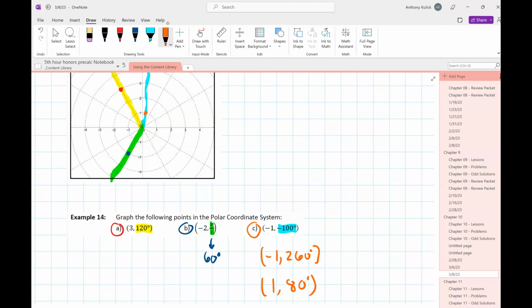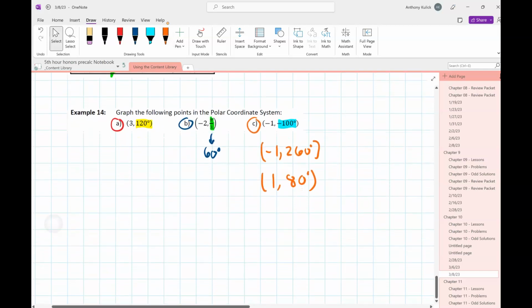What that allows us, though, is to double back across and create some really intricate looking functions that fail the heck out of the vertical line test, but would still be considered functions in terms of these r's and thetas.